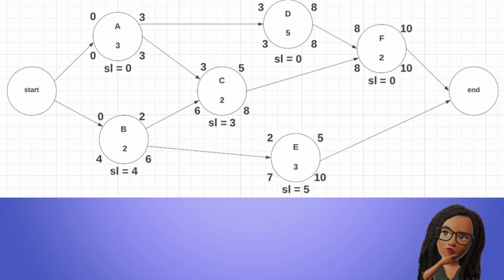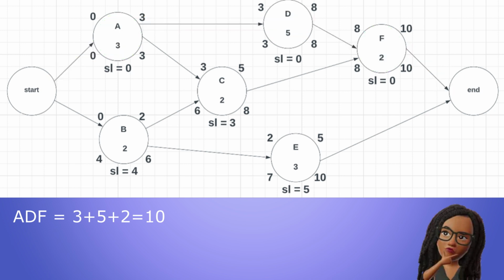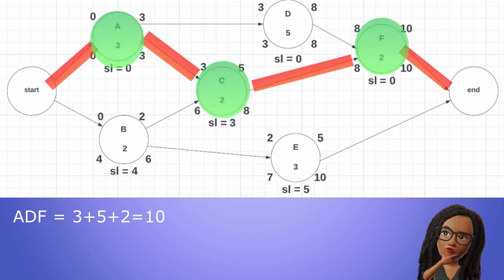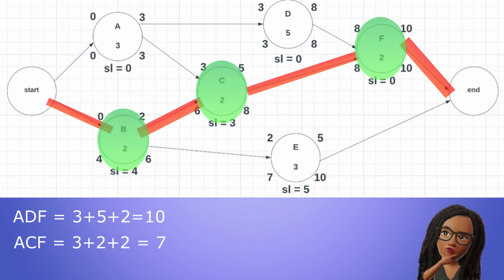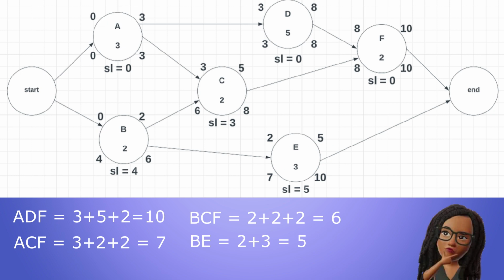We can identify 4 paths in the network diagram. ADF has a duration of 10. ACF has a duration of 7. BCF has a duration of 6. And BE has a duration of 5.